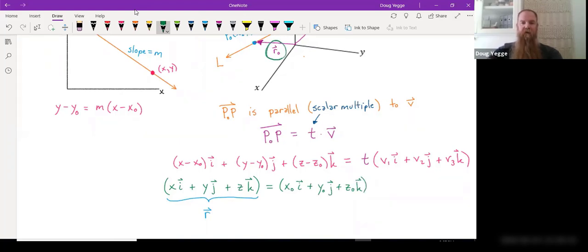Well, look at that. That's just our r0. So that was our initial point. So we could see that r is going to be the initial point, which we refer to as r0, plus what remains, plus t times vector v, v1i plus v2j plus v3k.